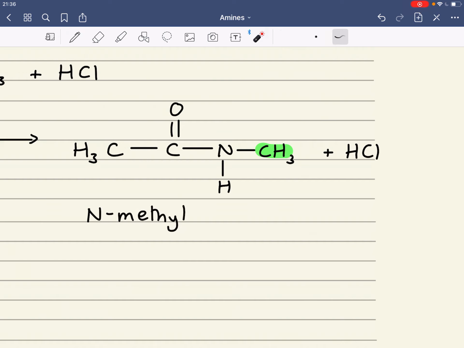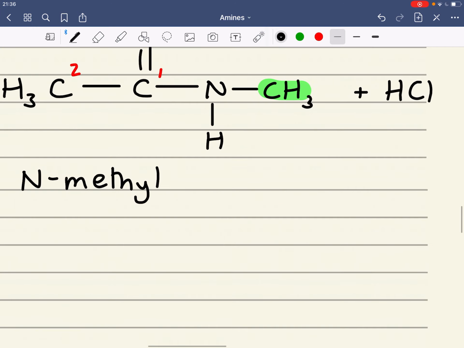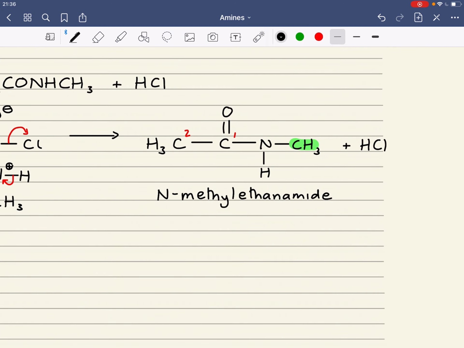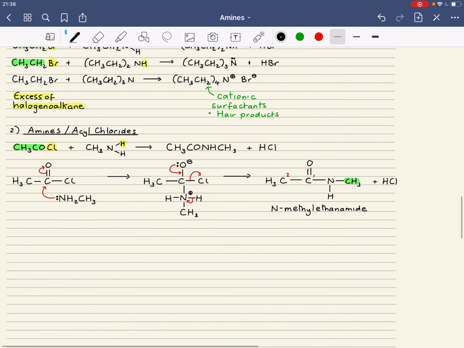And the functional group, when you've got a carbon double bond oxygen and nitrogen, is an amide functional group, and you've got 2 carbons in this amide, and therefore this is N-methylethanamide. So for this nucleophilic addition elimination mechanism, you should be aware of whether the nucleophile is a primary amine, as it is here, ammonia, water, or an alcohol.